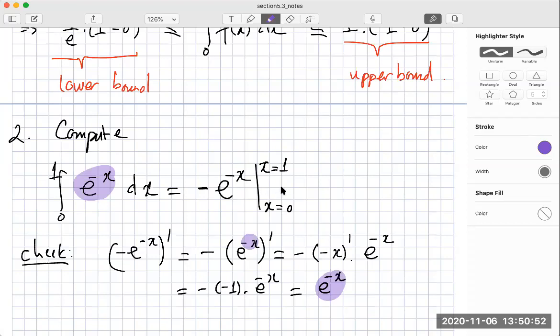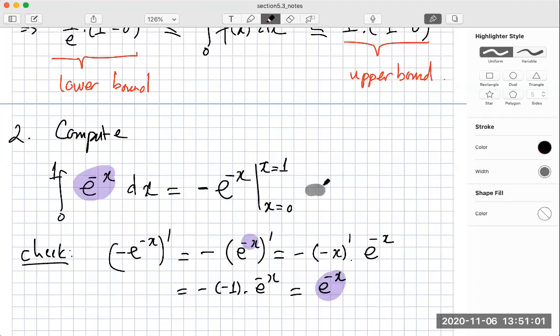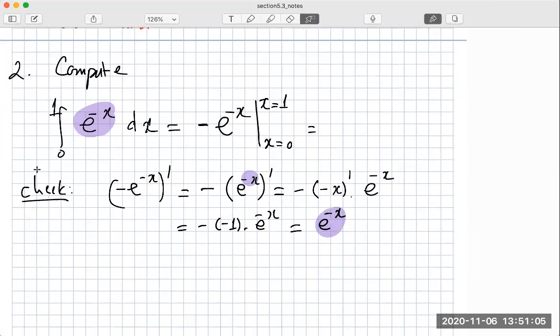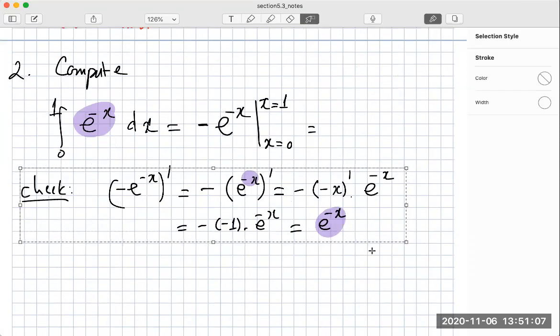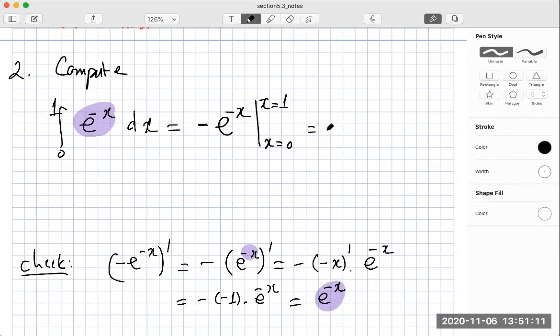So from here, let us continue. Let me write it. Give some room here. It will be negative, the whole thing here, right?